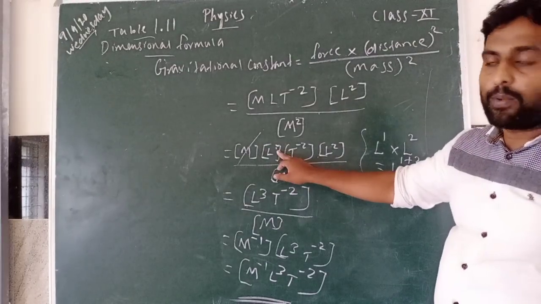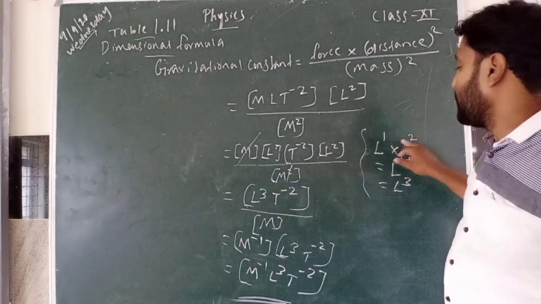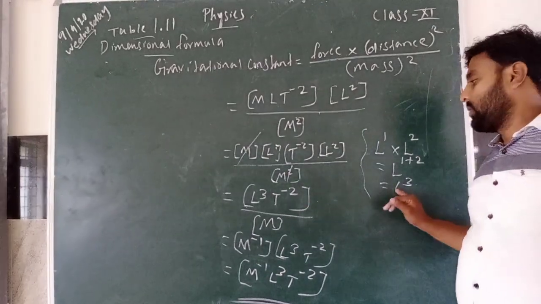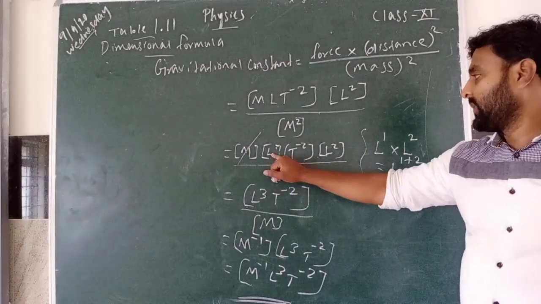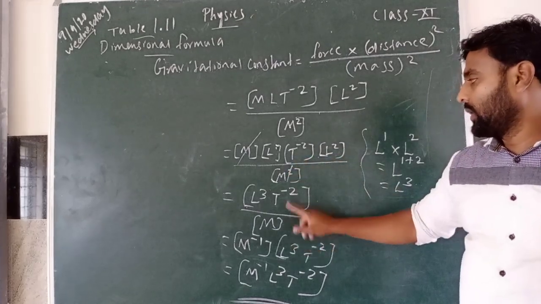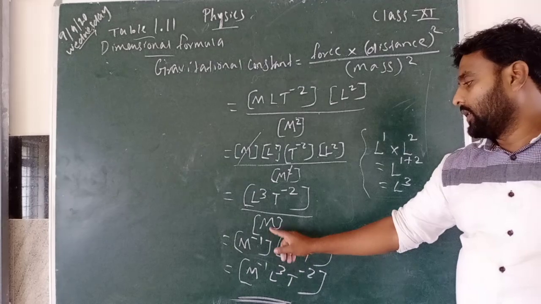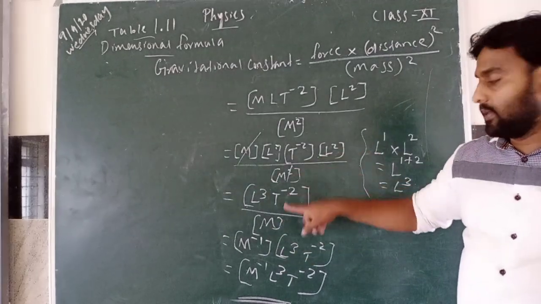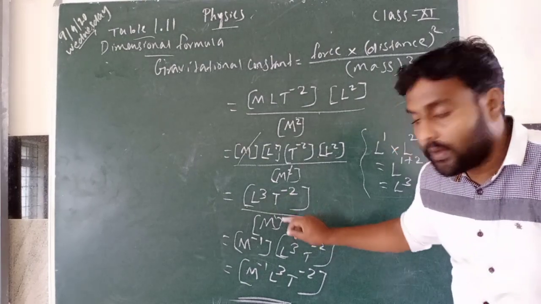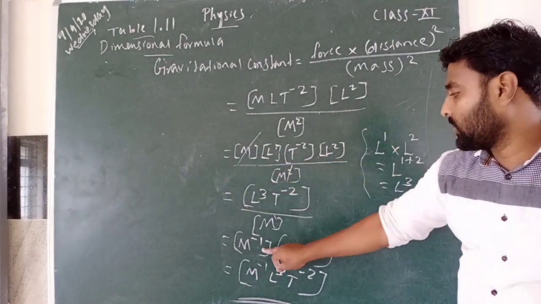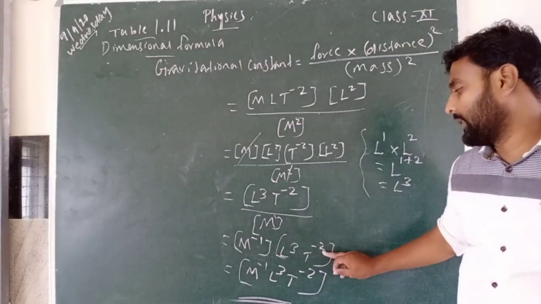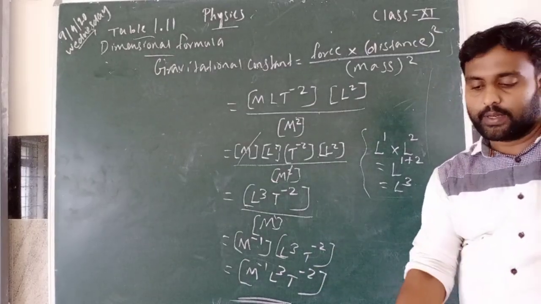Remaining here L power 1 and L square, which is L cube. So L cube T power minus 2 divided by M. Then take this M upside down. Here 1 is there, when it goes up, minus 1. So M power minus 1 L cube T power minus 2. You can write it.